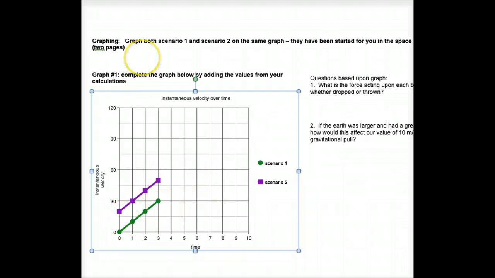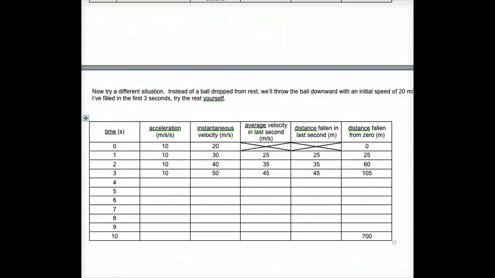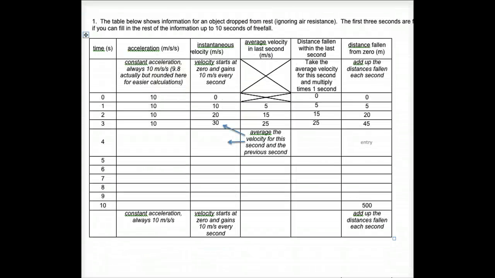So what we ask you to do here is to take some numbers off of the calculations and charts we were just looking at. This is instantaneous velocity. So you want to go to the column instantaneous velocity. Sorry, not trying to make you dizzy. You're going to graph time versus instantaneous velocity.